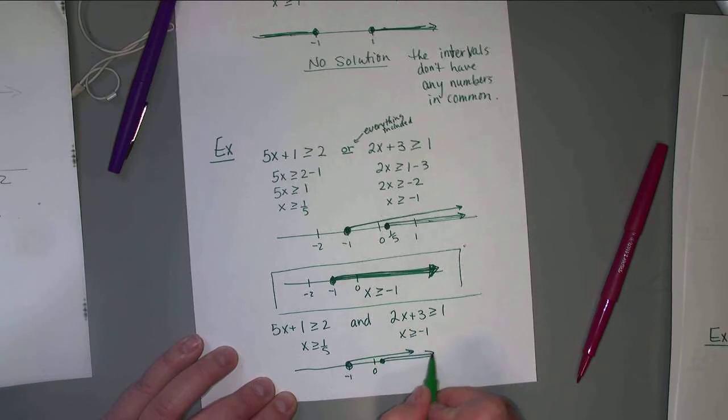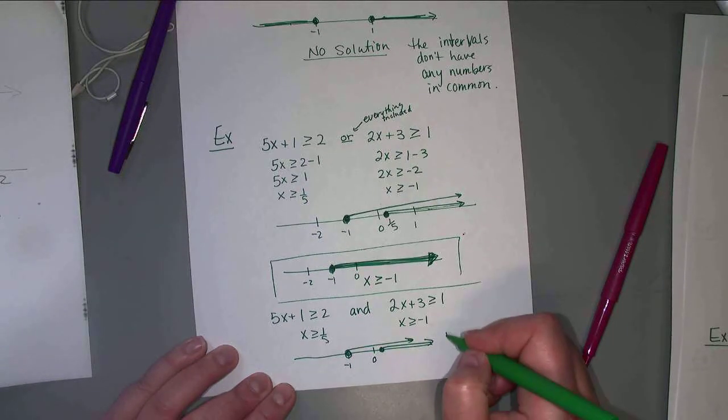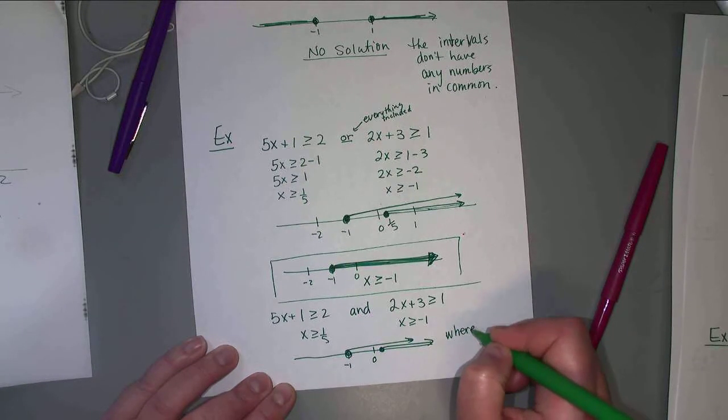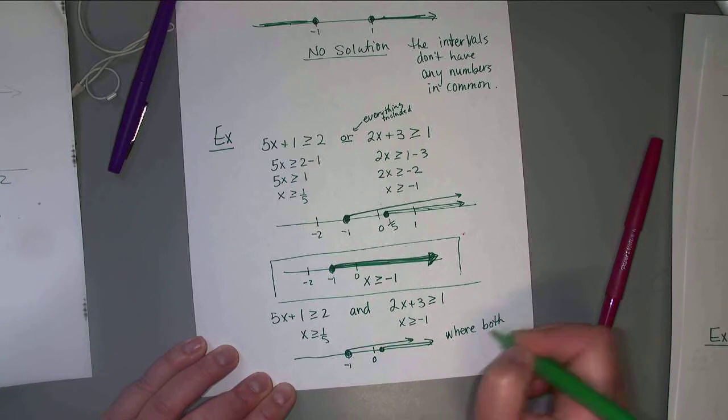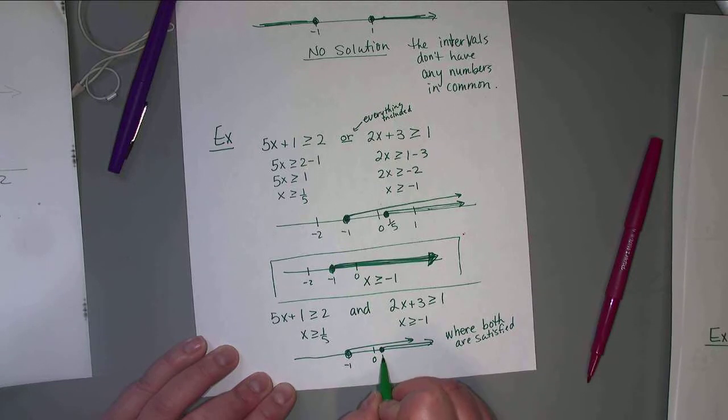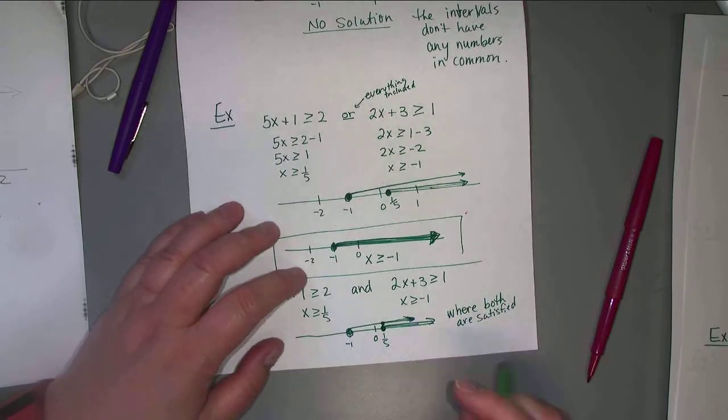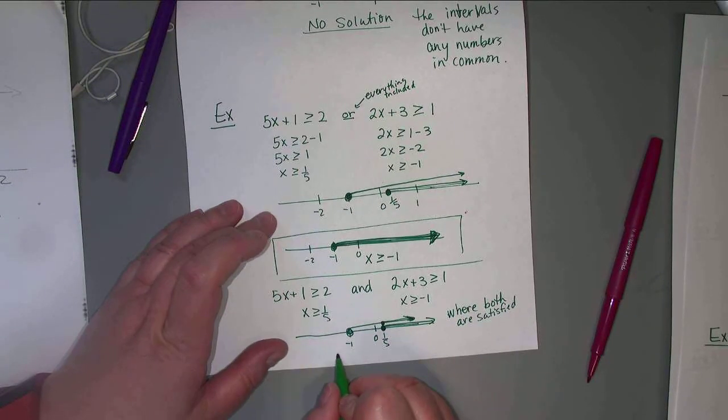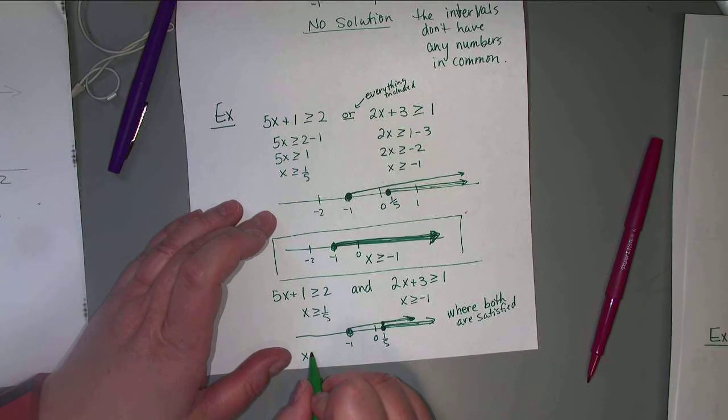We want the overlap where both are satisfied. So the overlap is actually here at the 1/5 and up. You see both of the lines are here. So then this solution would be that x is greater than or equal to 1/5.